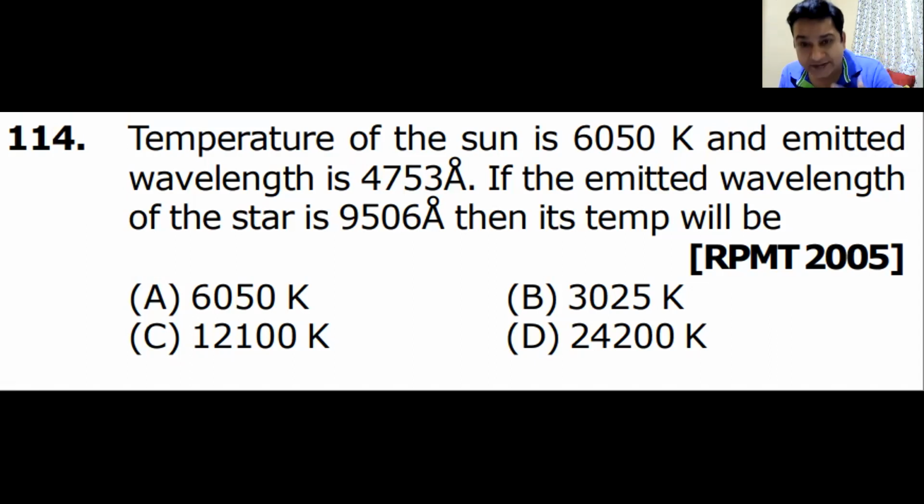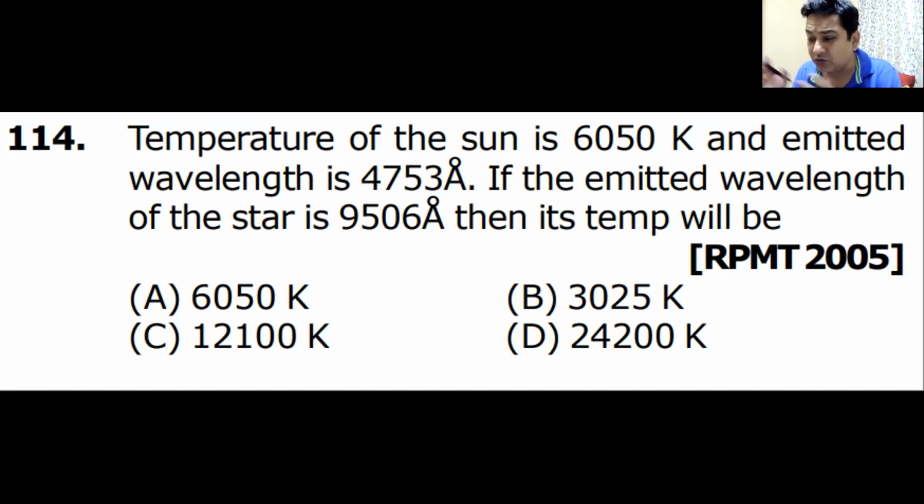Now, what if there was another option also there? In that case, you might have to calculate it. But again, when you are calculating, remember, they are not checking your calculation skills. They are checking whether you have brains or not. They have given all sorts of fancy numbers, 4,753, 9,506.